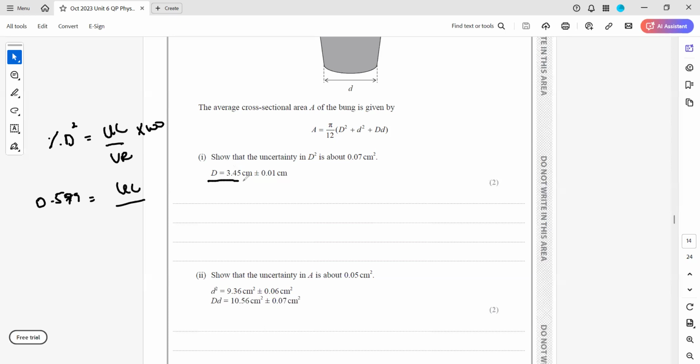So if the value of D is 3.45, what is the value of D square? It will be 3.45 square, because the D square value will be the square of D. That's why. Is it clear?